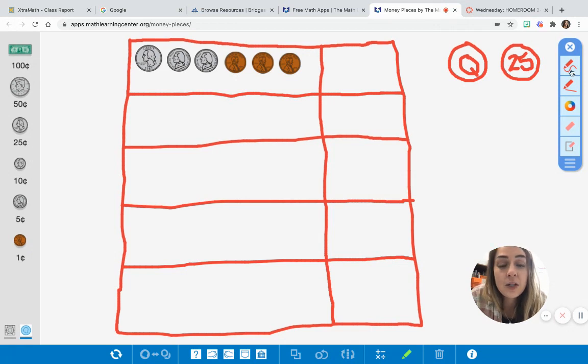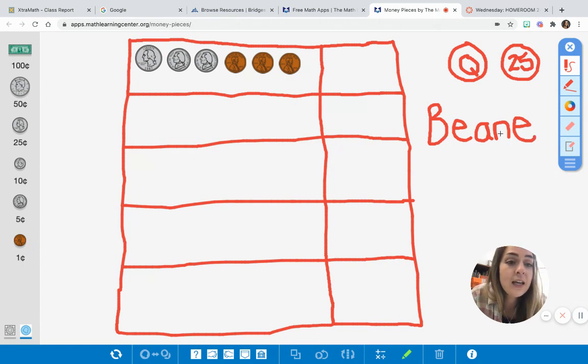I gave the in-person kids an example that my last name, as you know, is Bean. So if I write my last name B-E-A-N, like this, you know to start at the B and read from left to right, and it says Bean.